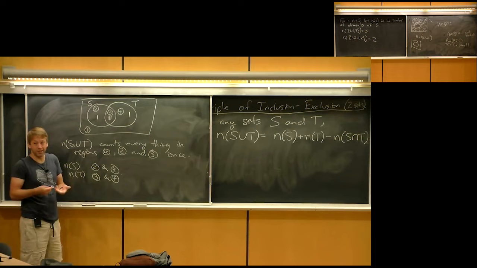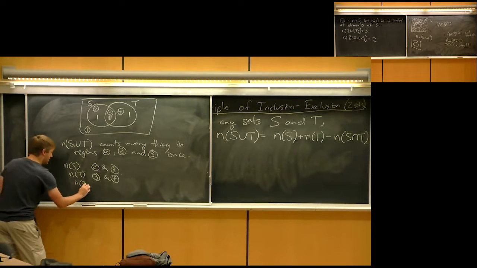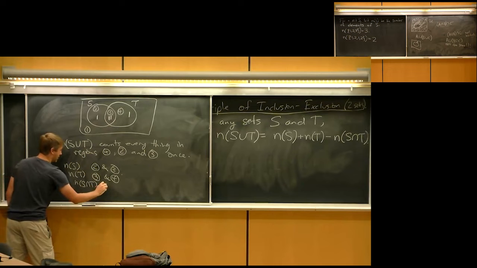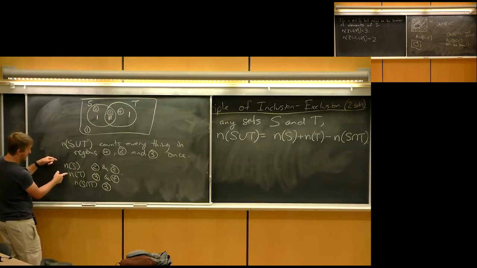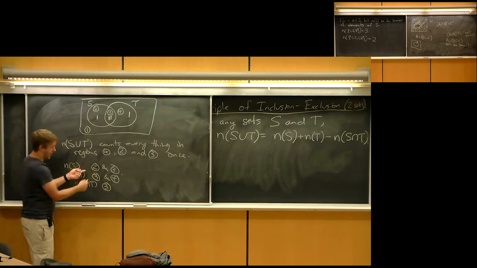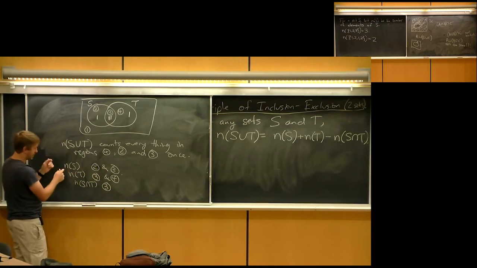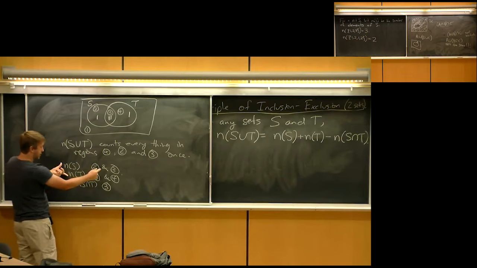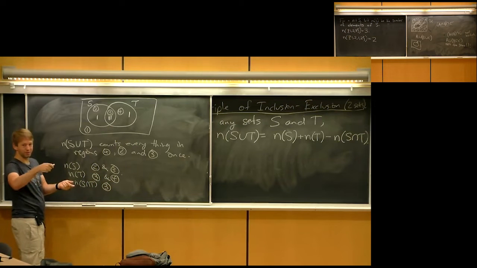But to fix that, I can just subtract it, right? N of S intersect T counts region 3 only. So if I add n of S and n of T, I get region 2 plus 2 times region 3 plus region 4. Then I subtract region 3, and region 2 plus region 3 plus region 4 will be left over.